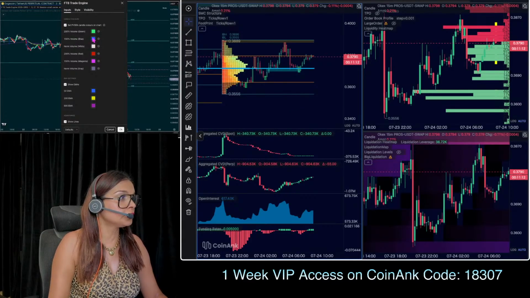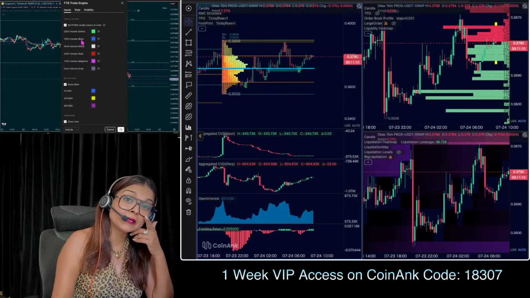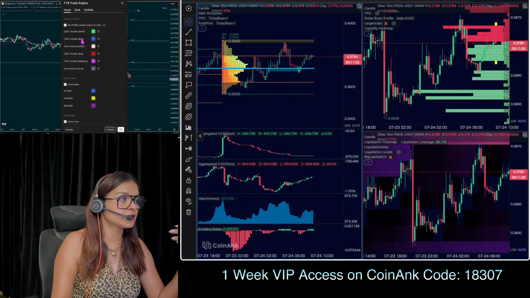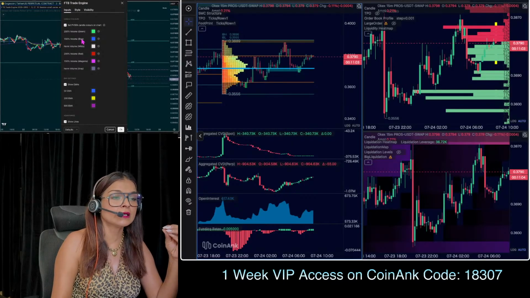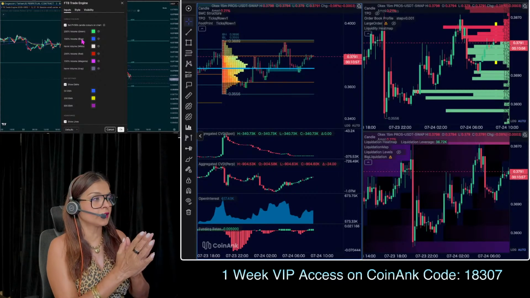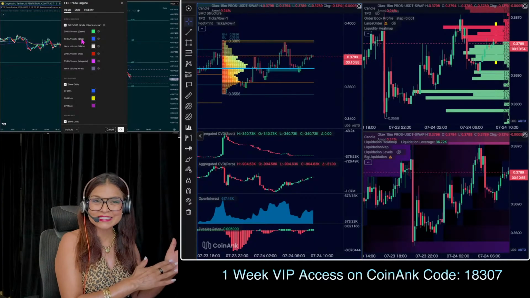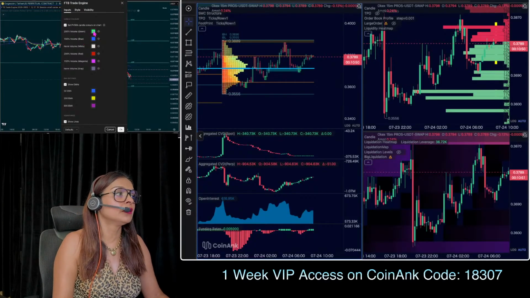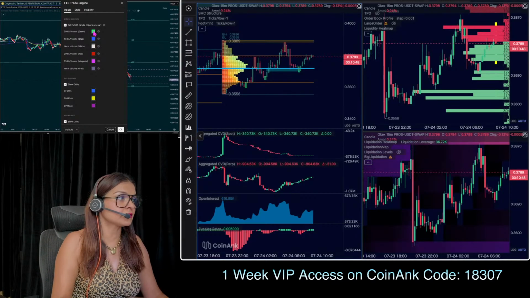The blue is a 150% volume increase on the upside as well, so a bullish increase in volume at 150%. All of these percentages are calculated as per the previous 10 candles. So 200% increase in volume as per the previous 10 candles.